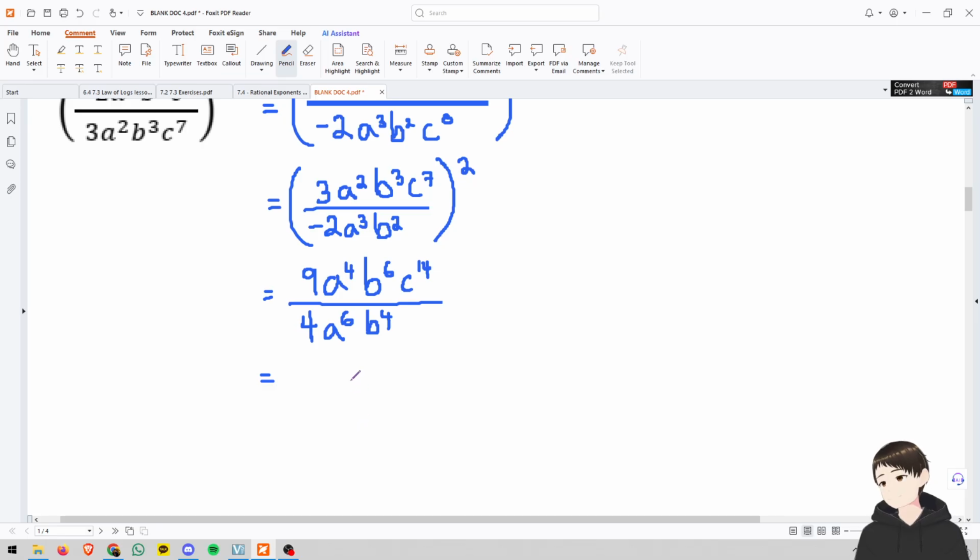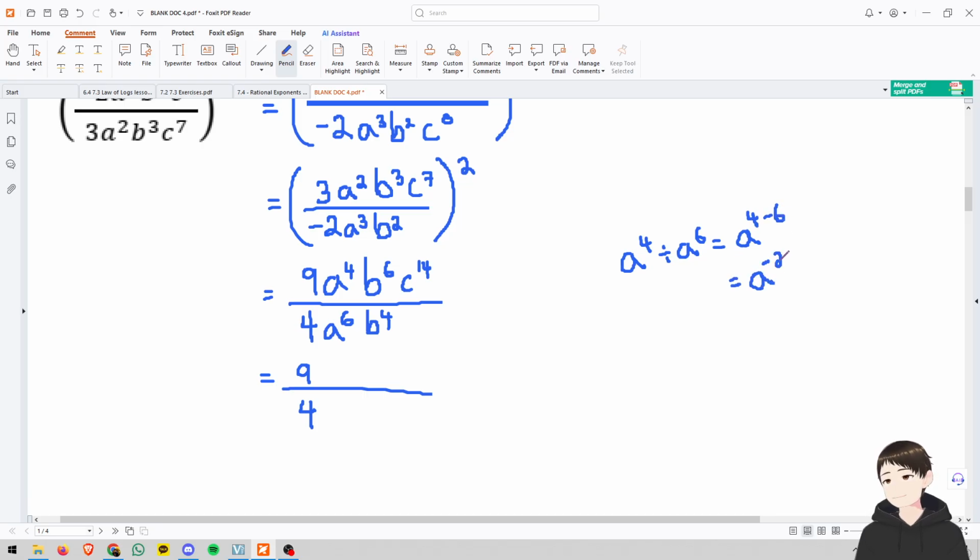Okay, we're almost done. Look at a to the power of 4 divided by a to the power of 6. Let me write it here. A to the power of 4 divided by a to the power of 6 is just 4 minus 6, which is a to the power of negative 2. But if you don't like that, you can always write it as 1 over a to the power of positive 2.